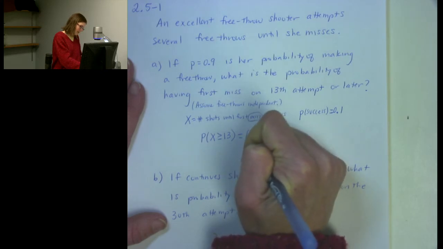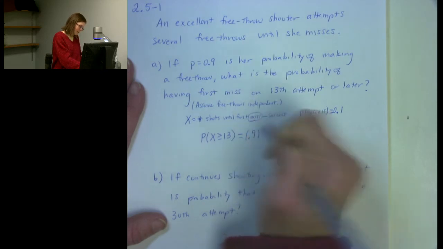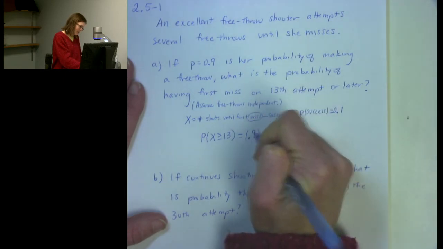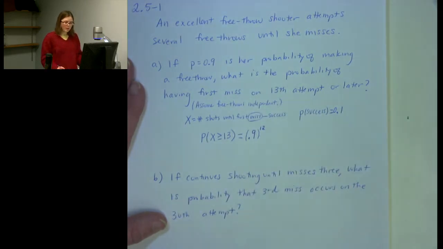That's making 12 shots in a row with a chance of 0.9 of making each one. So it's 0.9 times 0.9 twelve times, so 0.9 to the 12th power will give us our answer for that part.